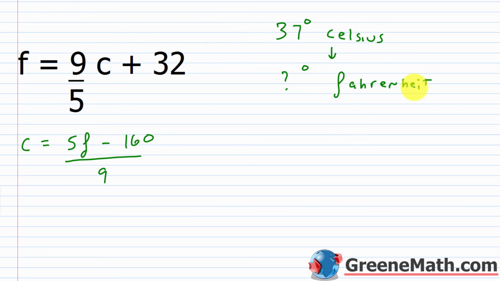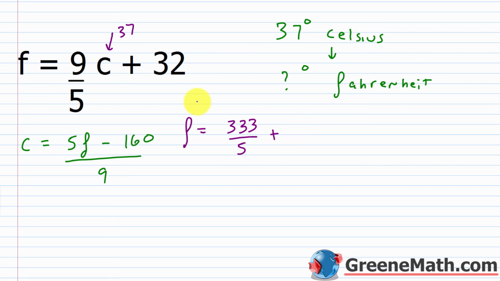So if I'm going from Celsius to Fahrenheit, I want to plug into this formula here because it's solved for Fahrenheit. So what I can do is I can plug in my 37 here, and I would have 37 times 9/5. Well, 37 times 9 is 333. So what this would give me is F is equal to 333 over 5 plus, you have 32 there.